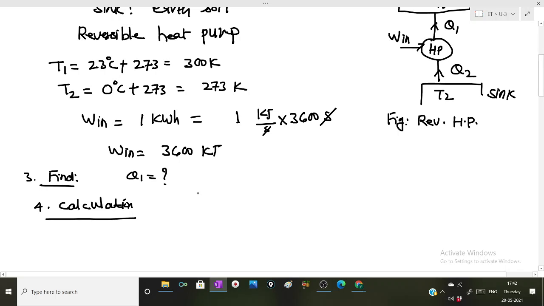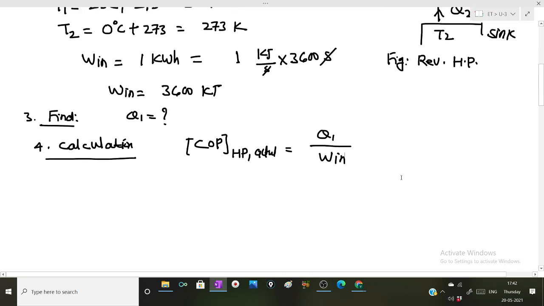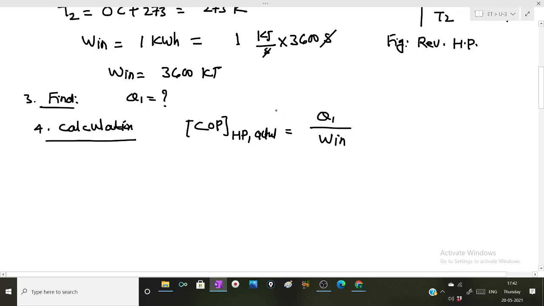So once again, the actual COP of a heat pump is nothing but the desired effect to the work input, and in terms of heat supplied, it is Q1 over Q1 minus Q2.